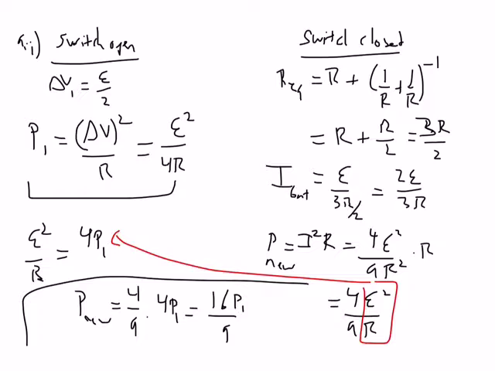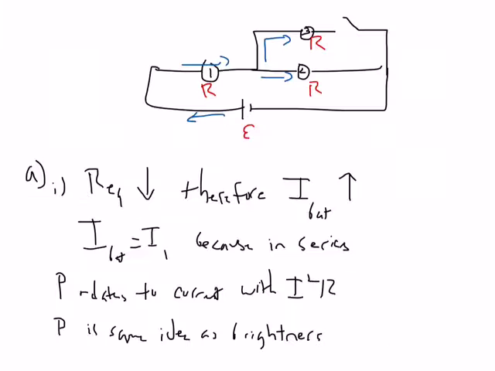Okay. And part 3, I'm not actually going to write because we've already done it. How does the result of the derivation in part 2 relate to the explanation in A part 1? Well, in A part 1, we said Req goes down, therefore the current goes up, and since the current and the power go together, the power must go up.